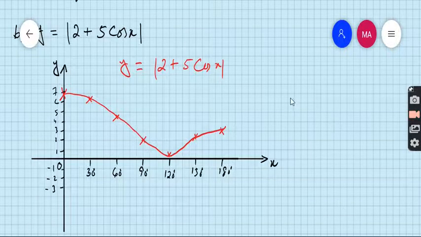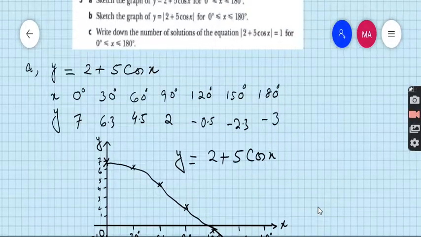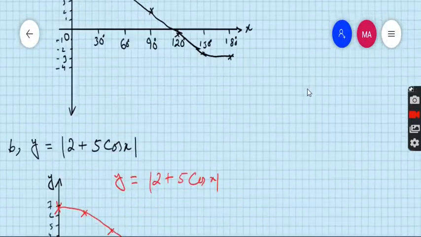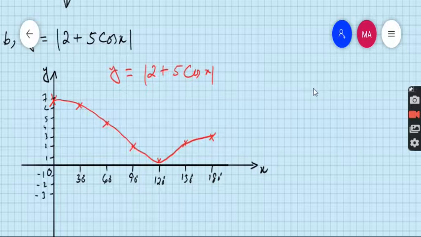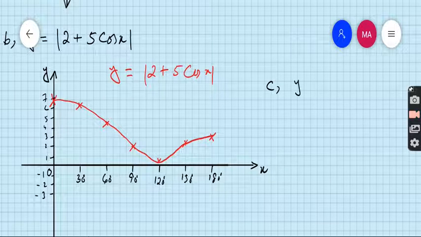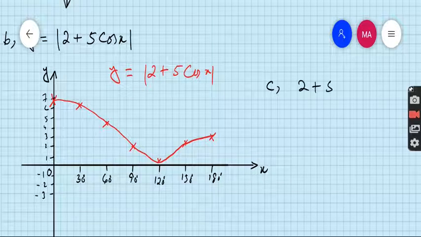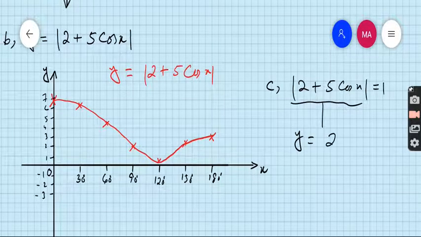What is part C? Write down the number of solutions of the equation absolute value of 2 plus 5 cos x is equals to 1. So this is equals to y in the given question, the absolute value of 2 plus 5 cos x.